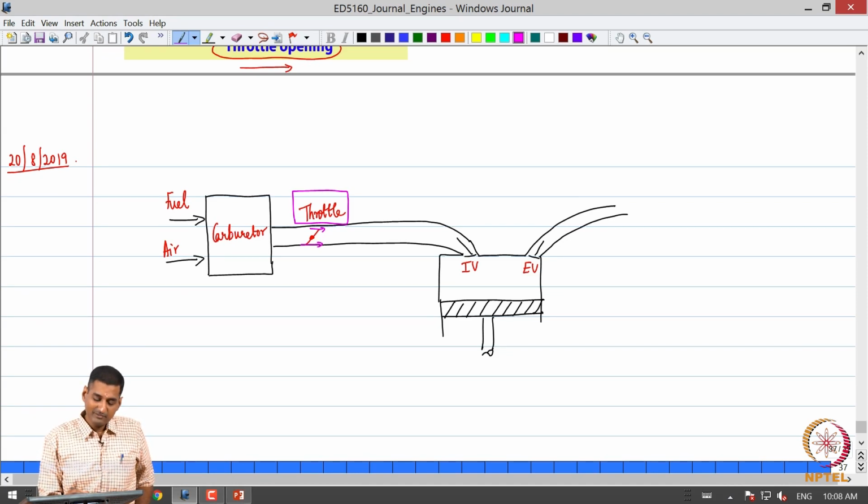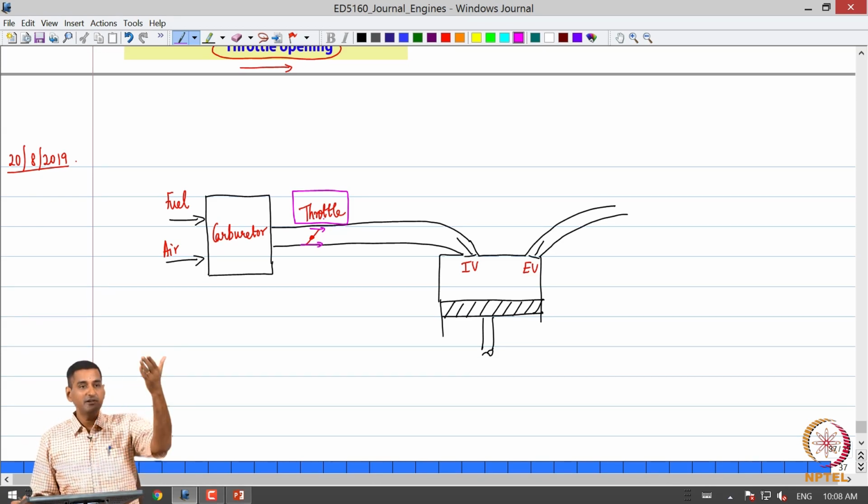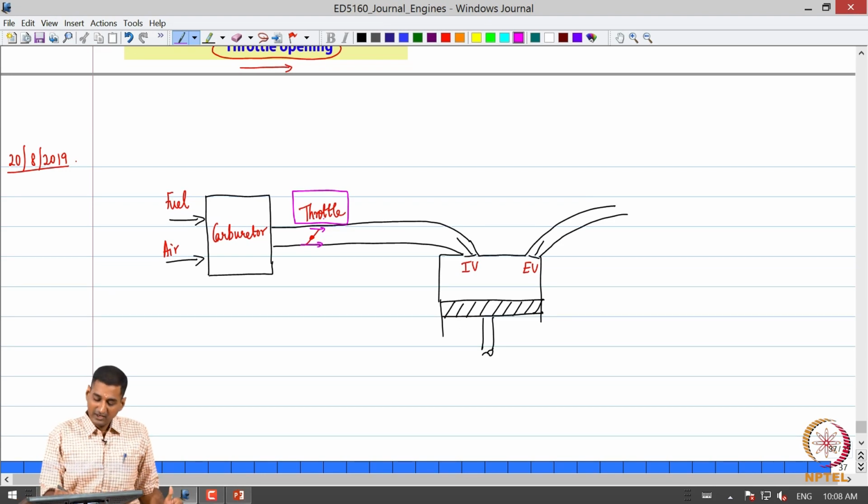Imagine that air is taken at atmospheric pressure and brought into the carburetor. Now, the throttle displacement is minimum, at 0, and the throttle opening is at its minimum possible value. Imagine a scenario where the piston is moving down. What can you say about the pressure here?